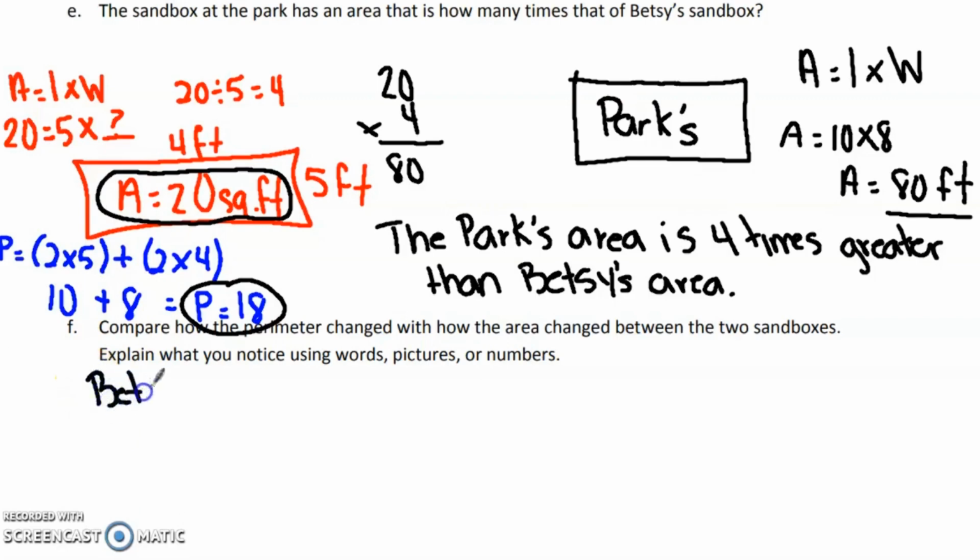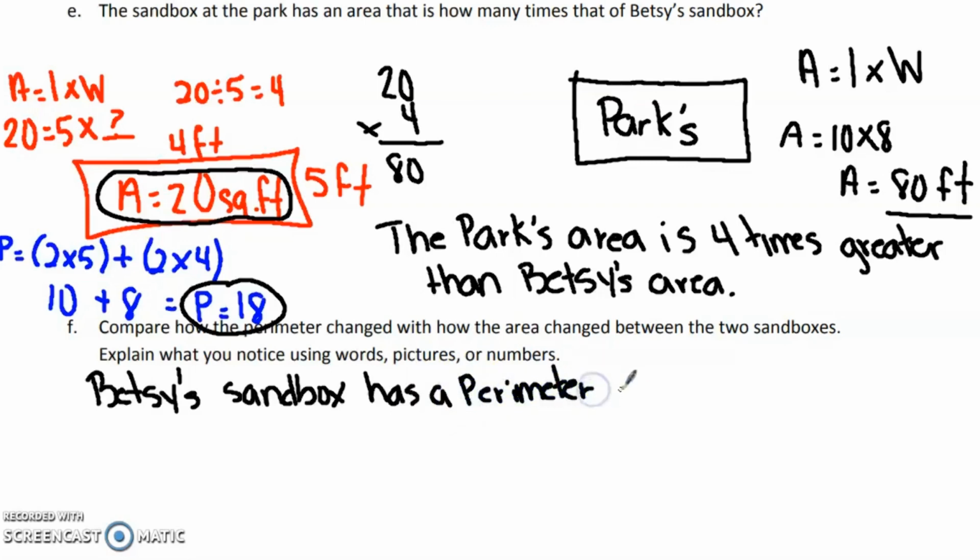Okay, Betsy's sandbox has a perimeter of P equals 18.